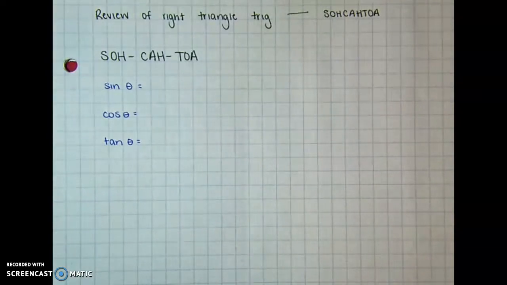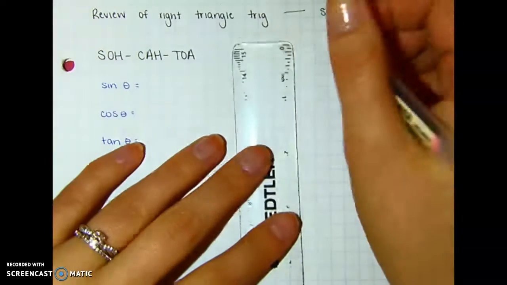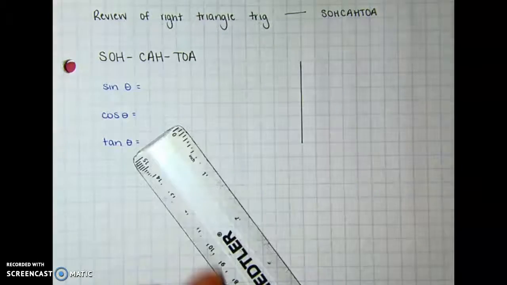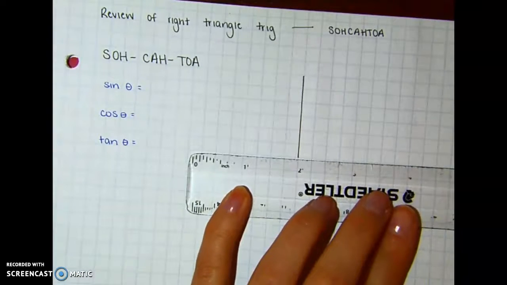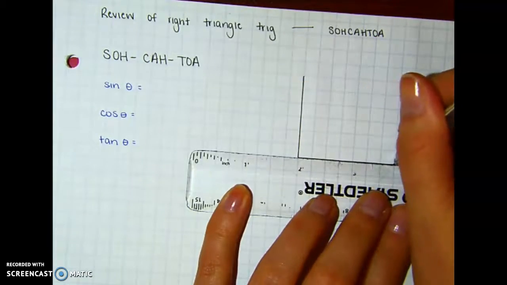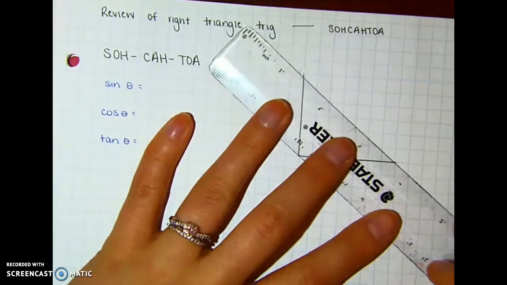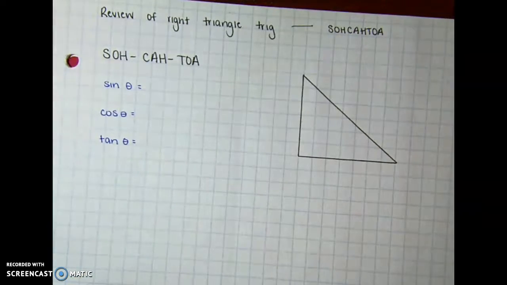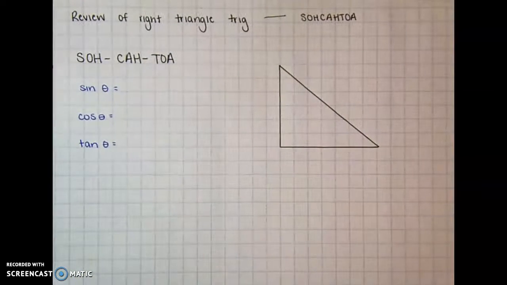So if you have a right triangle, it is only considered right if it is labeled as a right triangle. So we should label this as a right triangle.